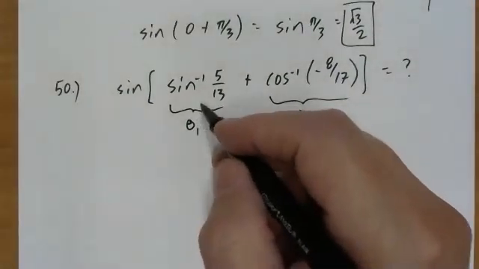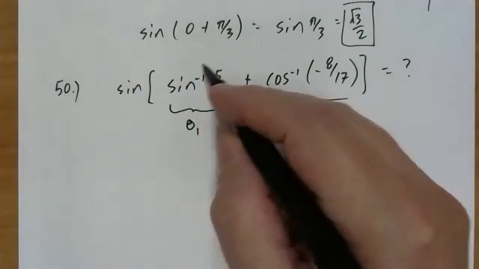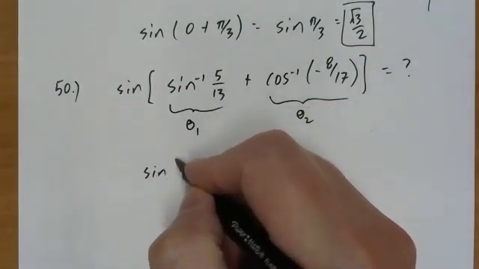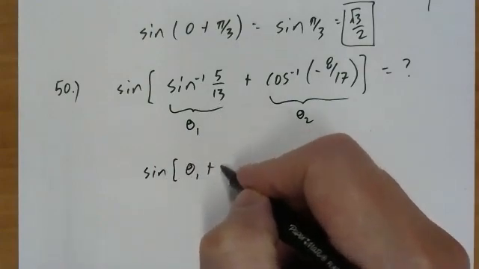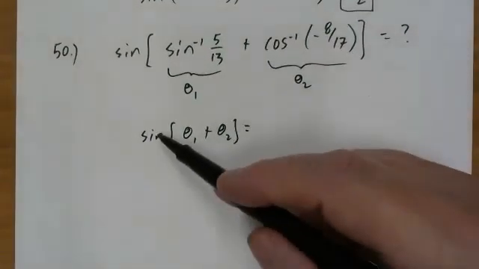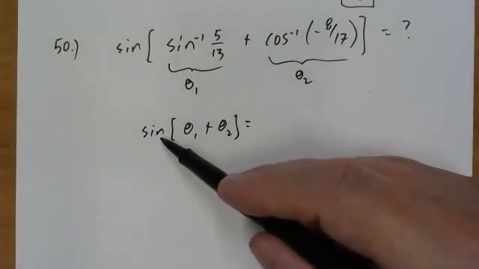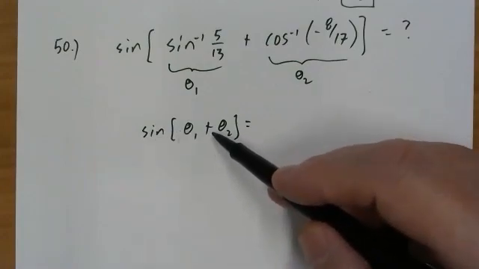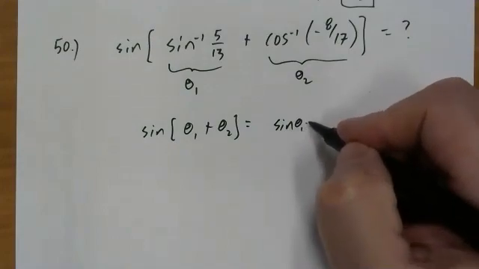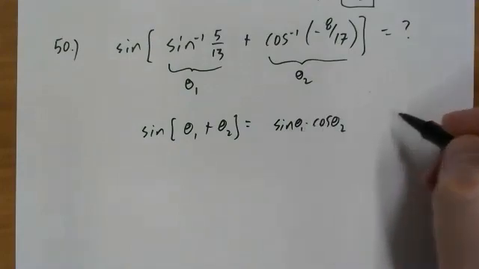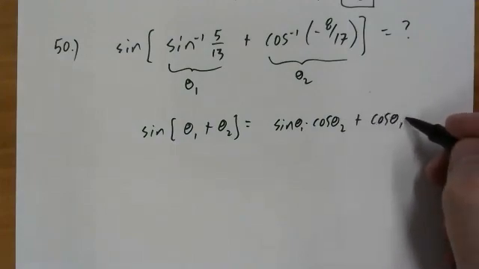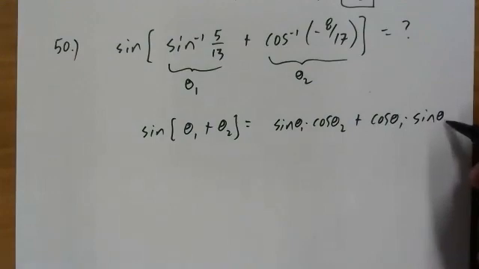But for now, instead of writing inverse sine, inverse cosine, let's just call these theta 1 plus theta 2. What I want to show you is that now I'm going to apply the formula for the sine of the sum of two angles, which is sine of the first angle times the cosine of the second angle plus the cosine of the first angle times the sine of the second angle.